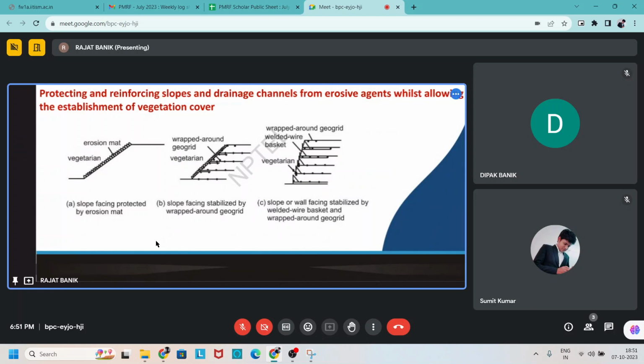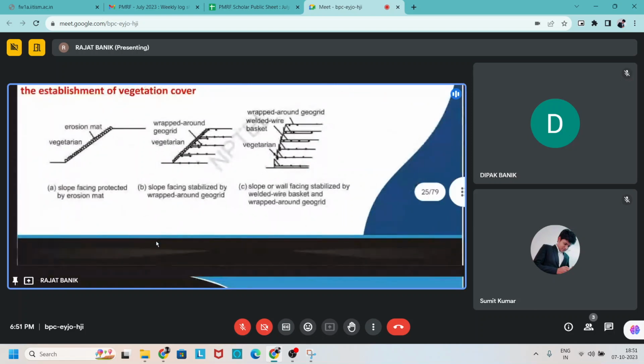Then the second one is slope facing stabilized by wrapped-around geogrid. By wrapping one layer after another, the second layer, third layer, like that, we can stabilize the slope facing, and then also use vegetation cover. Then the third one is slope or wall facing stabilized by welded wire basket and wrapped-around geogrid.